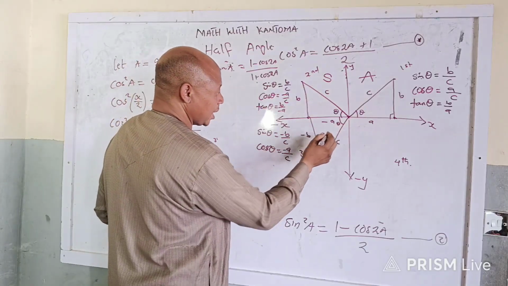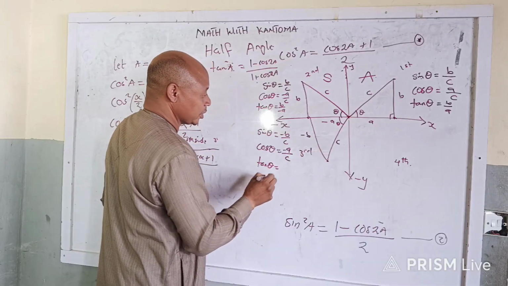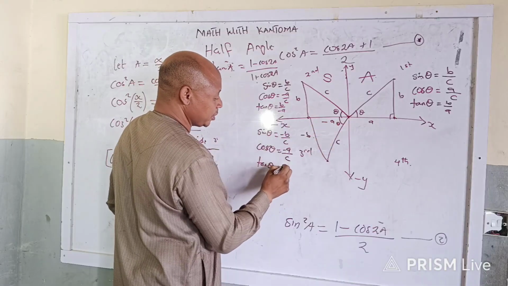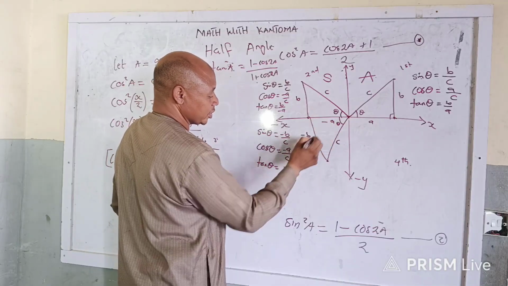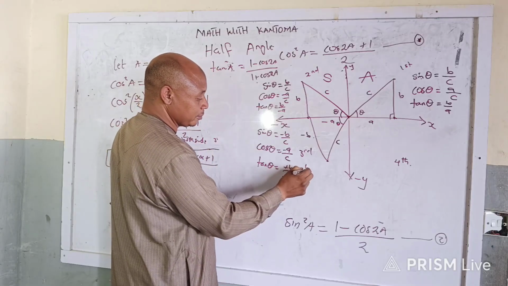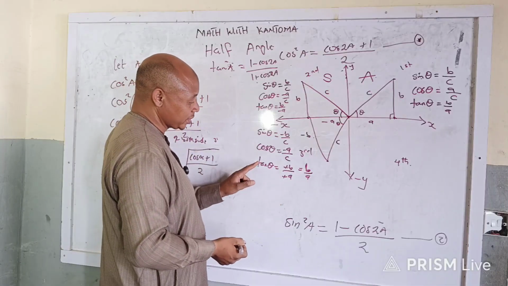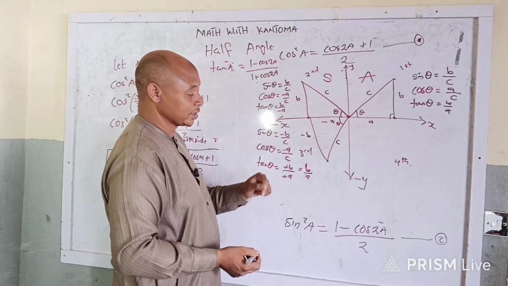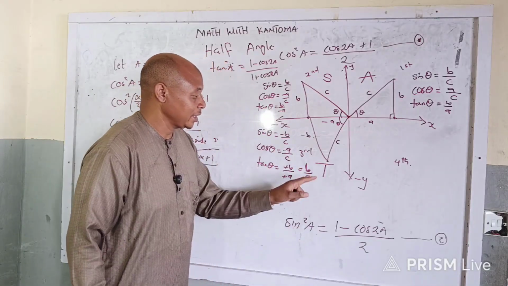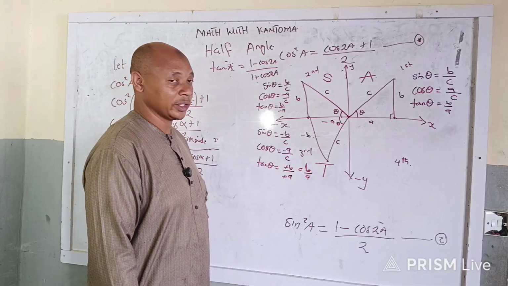Then the tangent on this quadrant, meaning tan theta, is opposite, which is minus b, over adjacent, which is minus a. So minus will go with minus, leaving only b over a. So b over a is positive. Therefore tan theta on this third quadrant is going to be positive. So we denote this quadrant by T, meaning only tangent is positive on this quadrant.